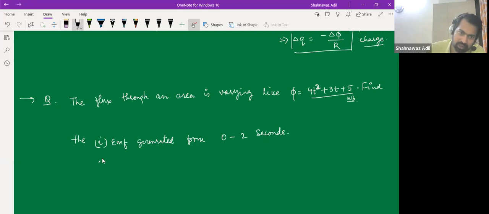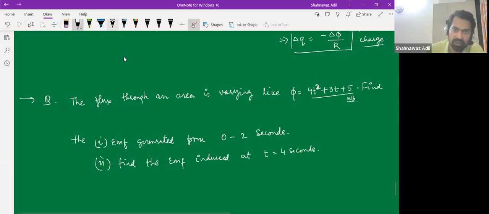And the second question is to find the EMF induced at t equal to 4 seconds. So these are the two questions. Mariam got disconnected.